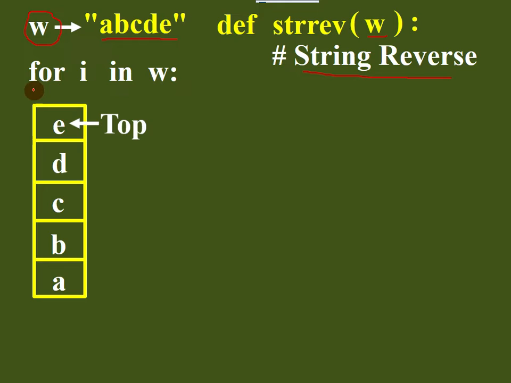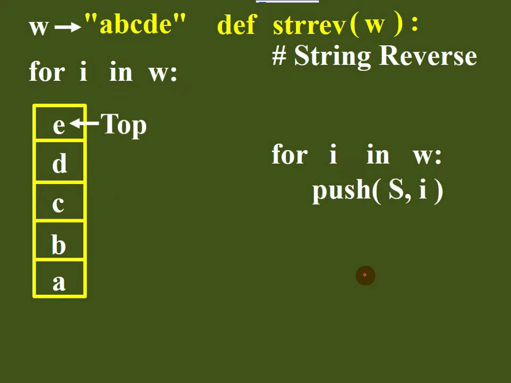For i in w, i contains each and every character that should be pushed onto the stack implemented using list. You can use the function that you have created by the name push. Certainly the list must be passed, and the character that you want to push must be passed. Initially s should point to an empty list. So now the stack is ready.